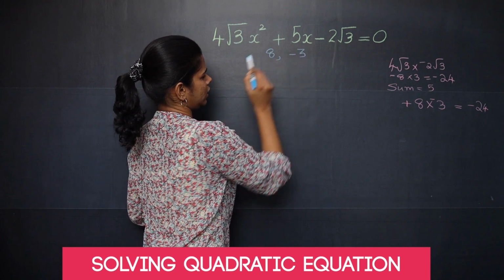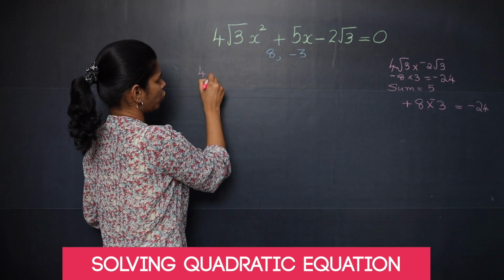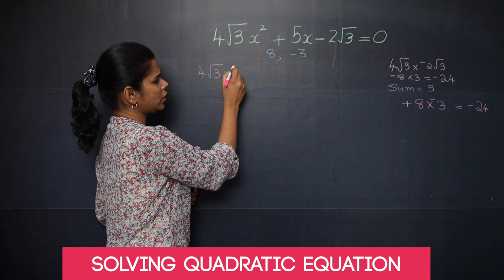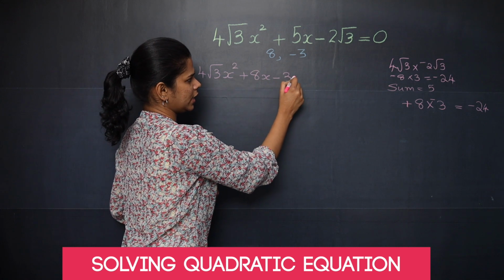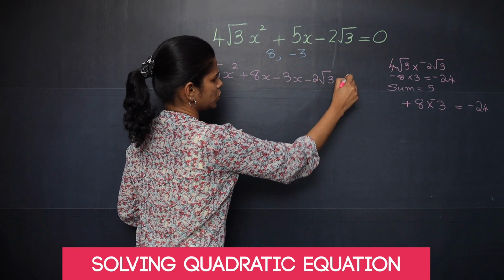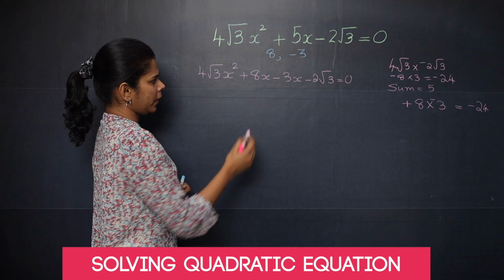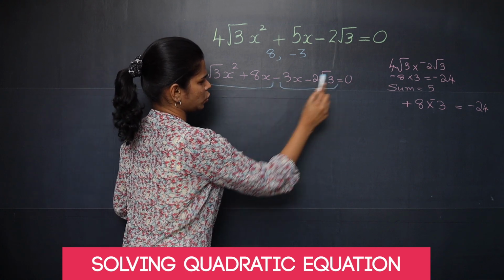and negative 3. So you are going to split the middle term. So 4 root 3 x square plus 8x minus 3x minus 2 root 3 equal to 0. Now you should take the first two terms and the last two terms.